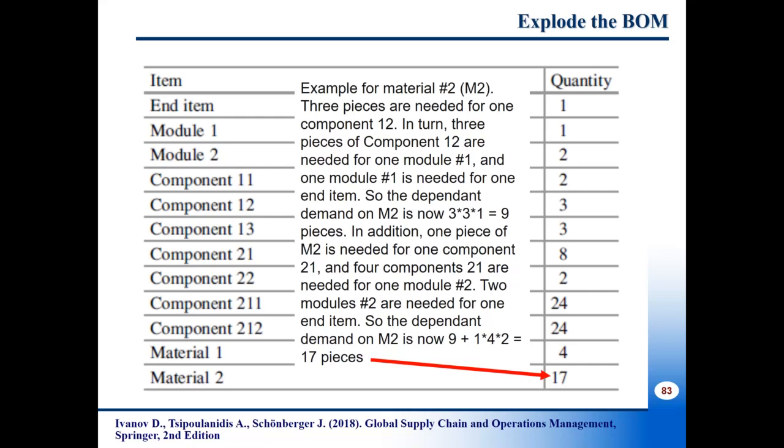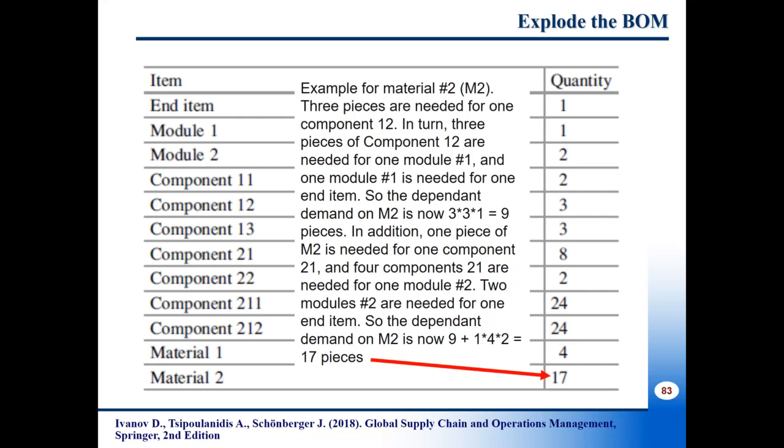For example, for material 2 or M2, 3 pieces are needed for one component 12. In turn, 3 pieces of component 12 are needed for one module 1, and one module 1 is needed for one end item. So the dependent demand on M2 is now 3 times 3 times 1, equal to 9 pieces.